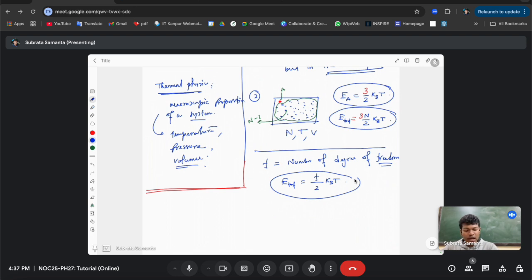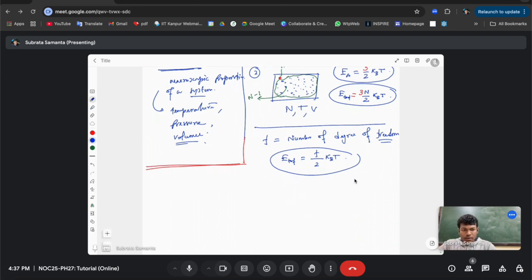Later I will discuss how this half kBT came about, why each degree of freedom shares half kBT, not one third kBT, not one fourth kBT. This is a very specific scenario that we are considering, which is why half kBT came. If we consider some other situations, there might be one third or one fourth kBT.